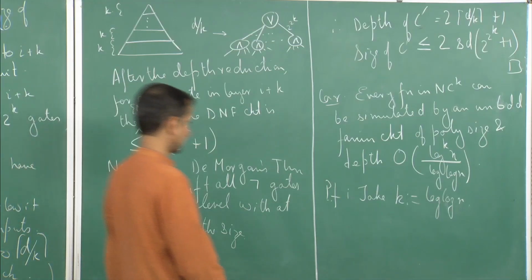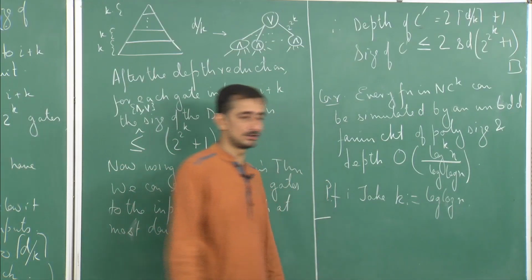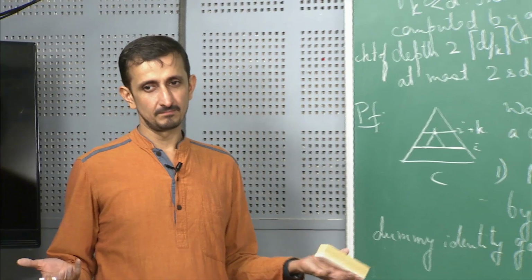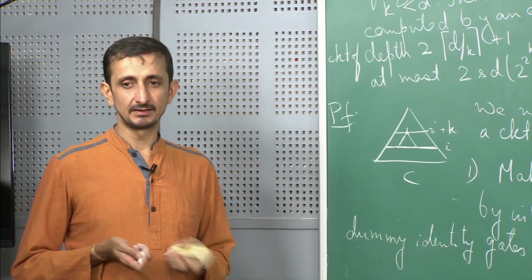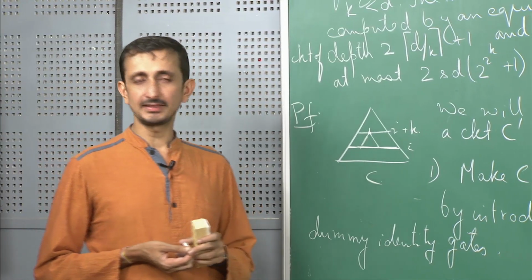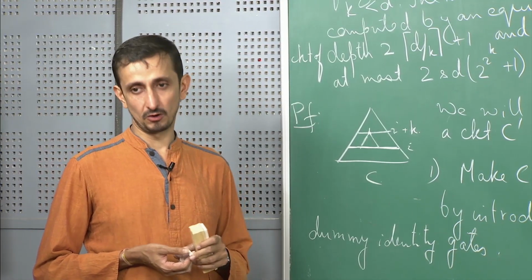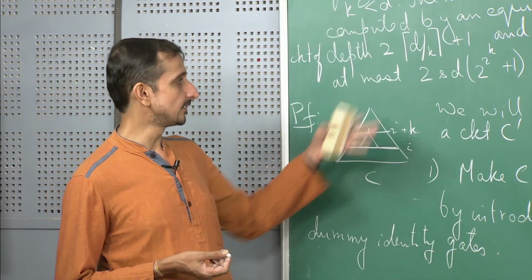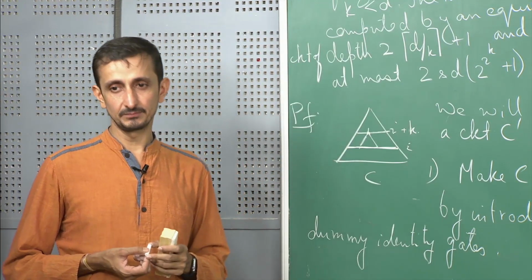So, this is improving upon the observation that NC^i is in AC^i. Any questions? It is reducing by a factor of k, and you can take k to be anything. If you want the size to be polynomial, then you can take k at most log n, because if you take k to be anything bigger than log n, then 2 to the power 2 to the power k will be bigger than polynomial.